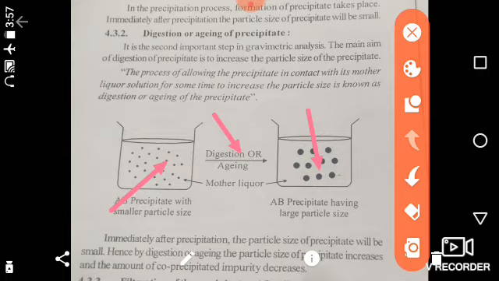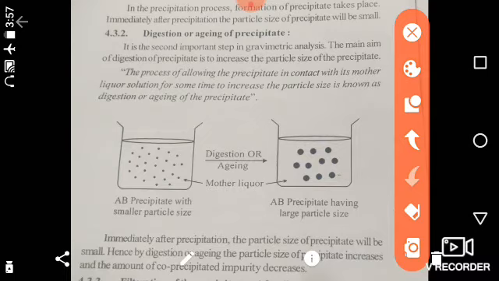So here is the precipitate with a smaller particle size, and here the precipitate with the larger particle size. After digestion we get the bigger particle size precipitate.